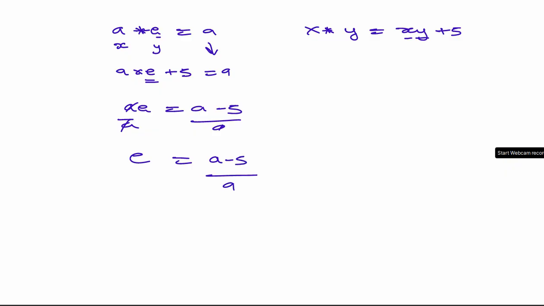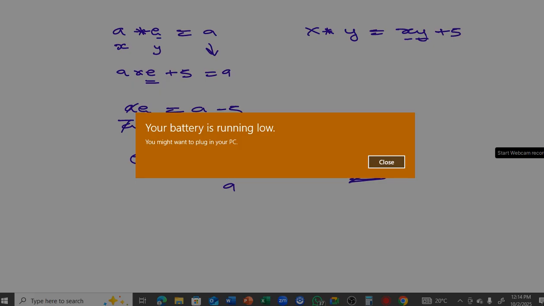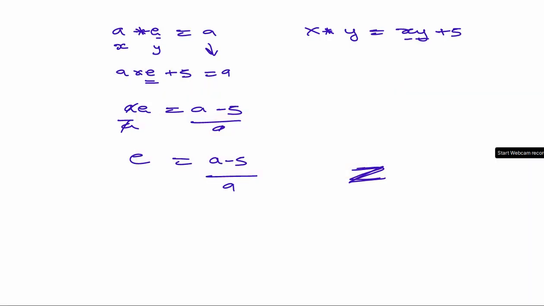Okay, so now when you look at this, the question was, does Z have an identity with respect to star? Battery is almost off. I don't know, I'm going to try to finish this question, the last question. So I'll try to be fast so that I try by all means to finish. As you can see, this is not an integer.